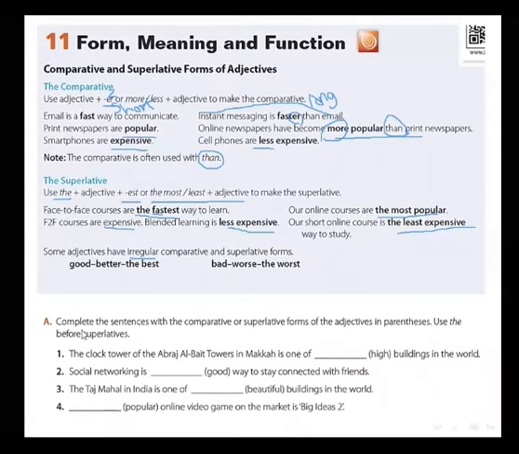Exercise number A: complete the sentences with the comparative and superlative forms of the adjectives in parentheses. Use the before superlatives. Number 1: the clock tower of the Abraj al-Bayt towers in Mecca is one of the high buildings in the world.